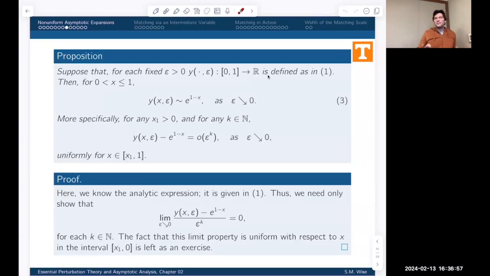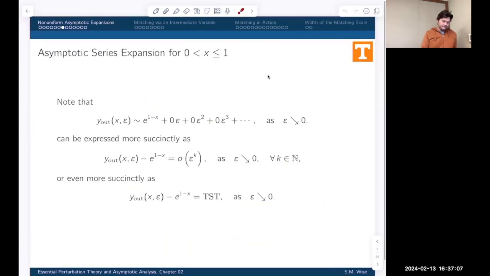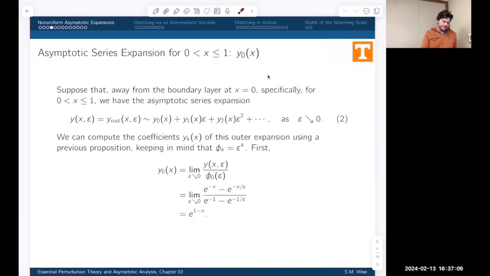We don't have yet a full-blown proof of this. We made an assumption back here. We computed some coefficients, so this expansion is sometimes called an ansatz.